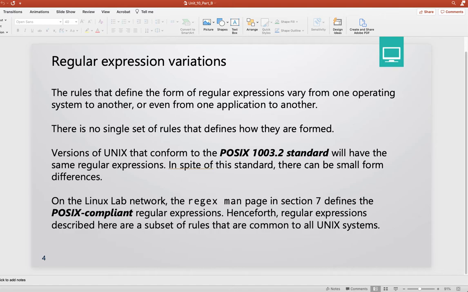In spite of this standard, there can be small differences. On the Linux Labs network, the regex man page in section 7 defines the POSIX regular expressions. Henceforth, the regular expressions described here are a subset of rules that are common to all Unix systems.